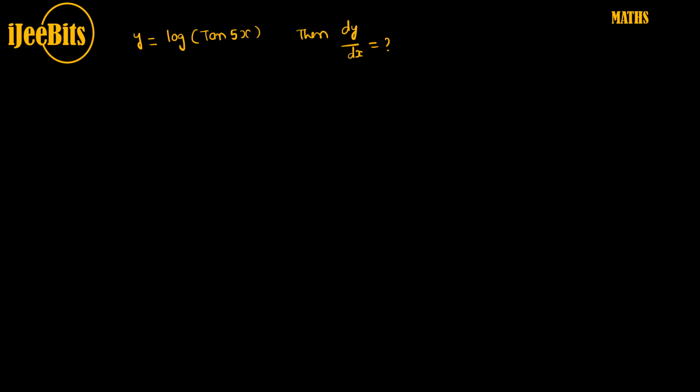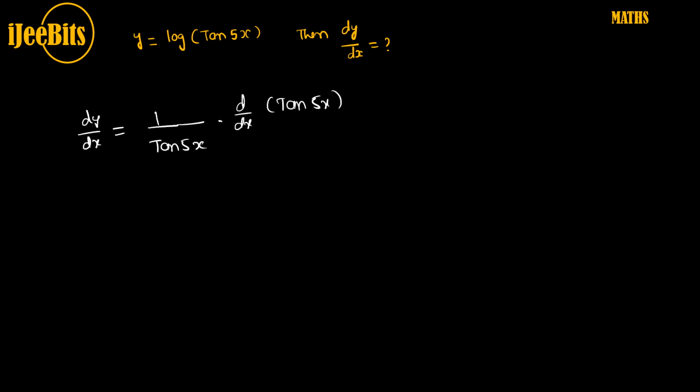Similarly, you can try this one without too many steps. First I have to apply the differentiation of log x, which is 1 by x. Instead of x, what I have is tan 5x. Done. Next I have to apply tan differentiation. d/dx of tan 5x.